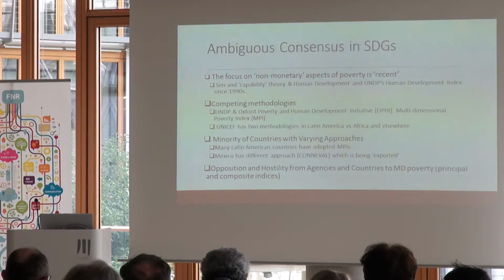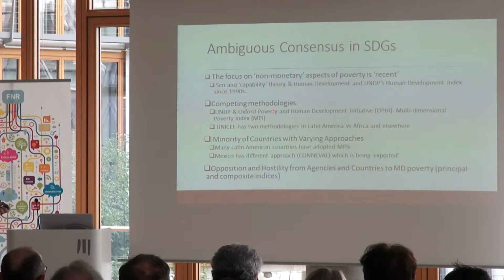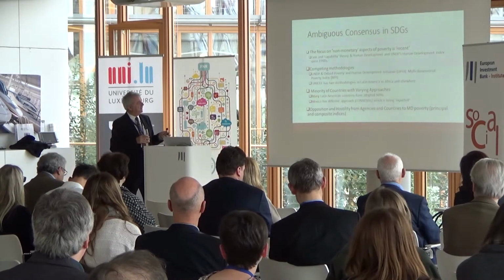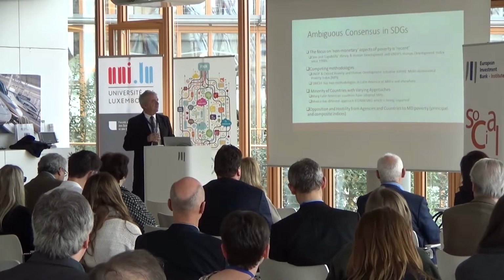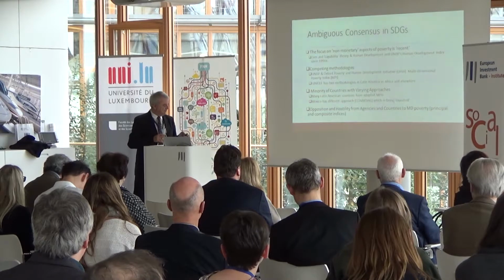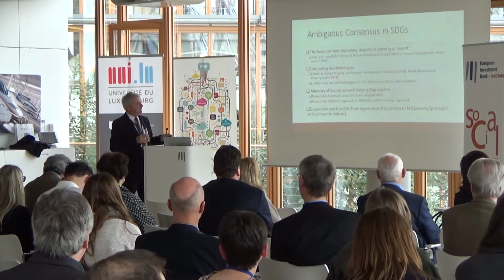It's only more recently that UNDP has actually produced a multidimensional poverty index, and it did that with people at Oxford, at the Oxford Poverty Human Development Initiative, or OPHI, and it's called the MPI.